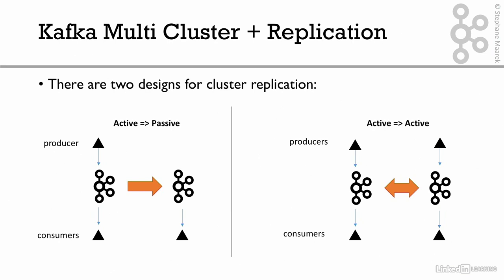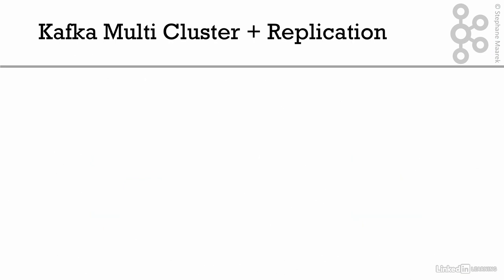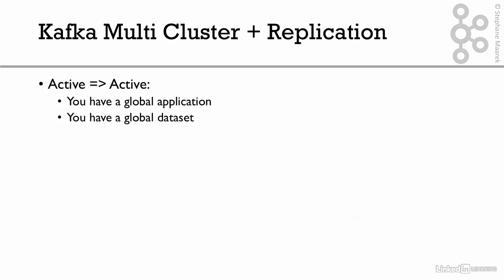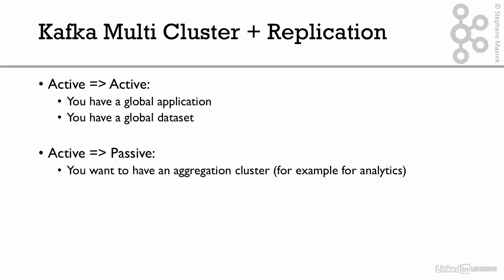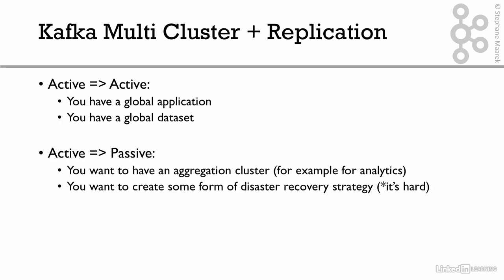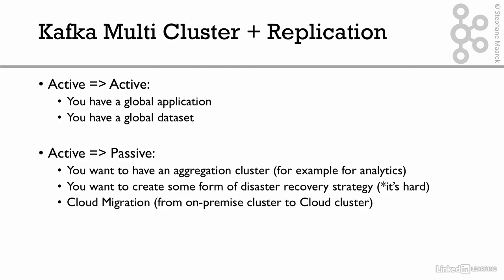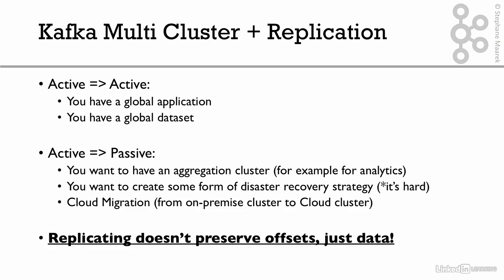But I want to give you pointers for you to figure out how to make it work for yourself. So active-active is, as I said, you have a global application, a global data set, and active-passive, you have an aggregation cluster, and you want to create some form of disaster recovery strategy. But let me tell you something, it's really hard. And a cloud migration if you migrate from on-premise to cloud cluster, for example.